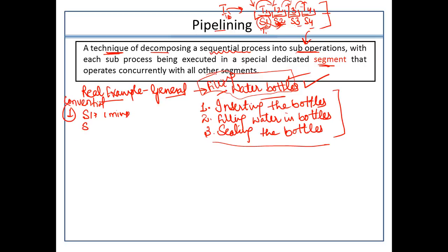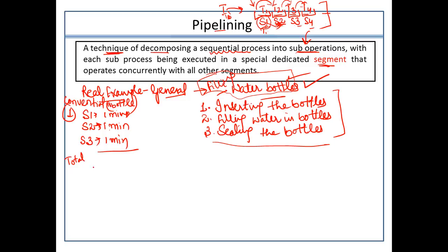Then in stage two, I am talking about one bottle only right now, this bottle will be taken and filled. Let's suppose it takes another 1 minute. Then in the third stage we perform the sealing, which again takes 1 minute.